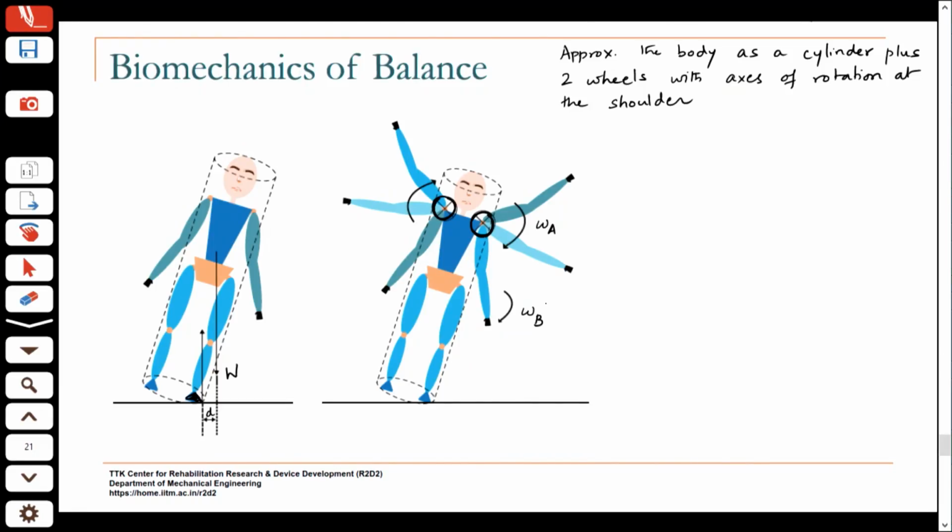So, the body has omega b, arms are rotated. If the body has a clockwise velocity omega b, the arms are being rotated at omega a, also in the clockwise direction. So, we are talking about the frontal plane.